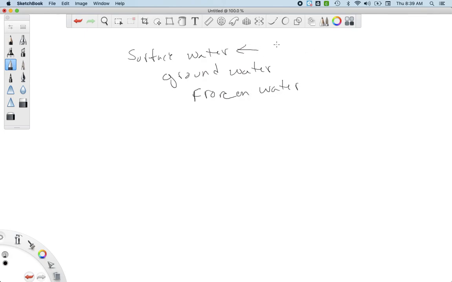Most of the aquatic freshwater organisms we find in surface water, and the surface water would be streams, lakes, ponds.